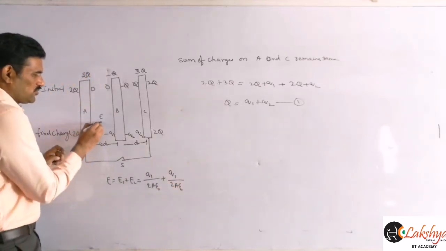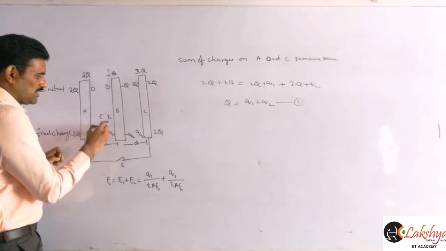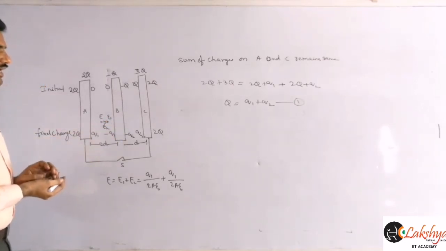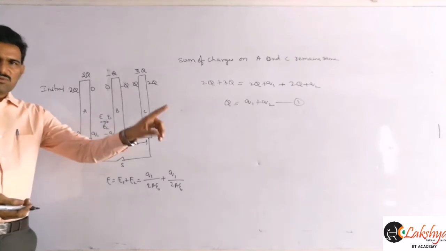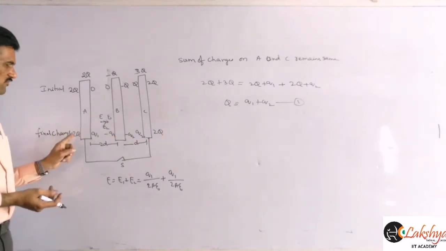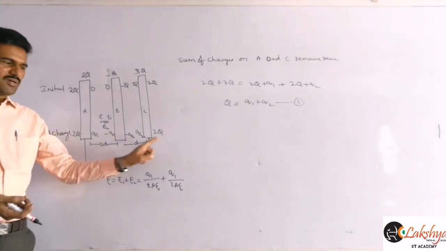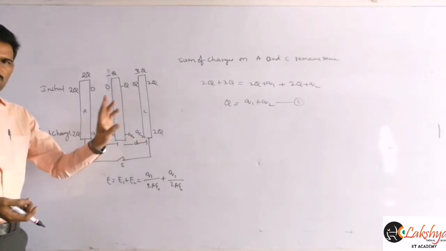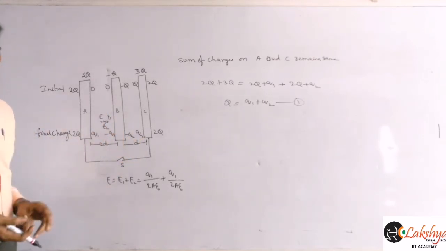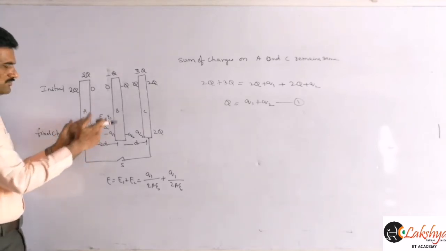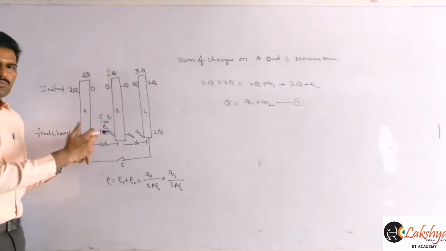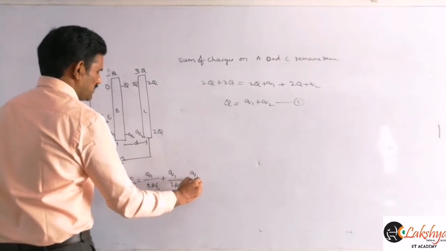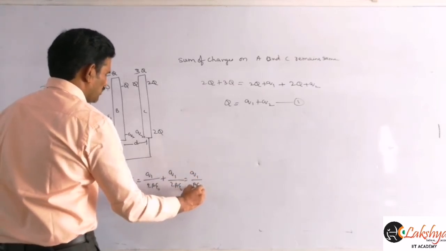Because the electric field due to this charge will be along this direction, and the electric field due to this charge will be along this direction. And the electric field due to all the remaining charges will be cancelled. You can verify that. The fields due to this Q2 and this Q2 will be cancelled, and due to minus Q2 and plus Q2 will be cancelled. So only in this region, these two charges will produce that field. So I can write this as Q1 by A epsilon naught.